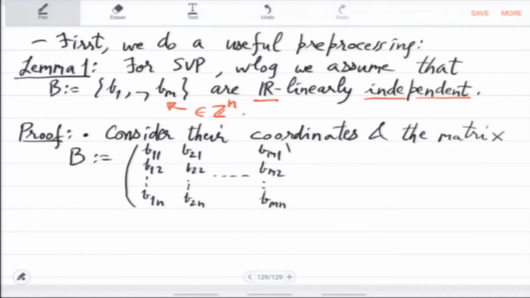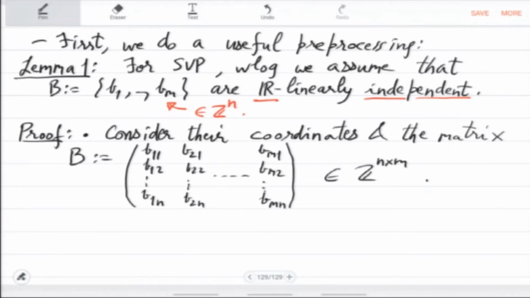So this is an n cross m matrix of integers. Remember that m in this question may be less than n, equal to n, or greater than n. These were just given vectors, so m can be anything. But we will simplify it.